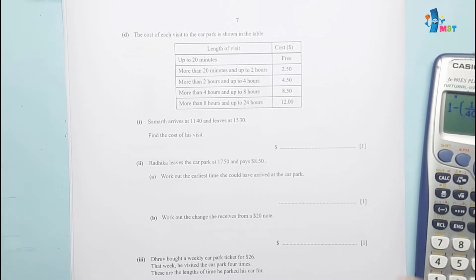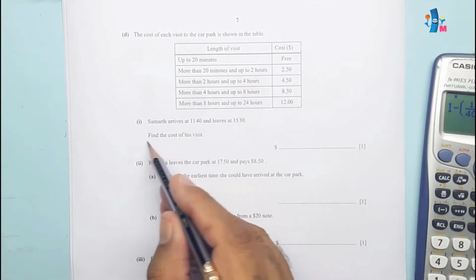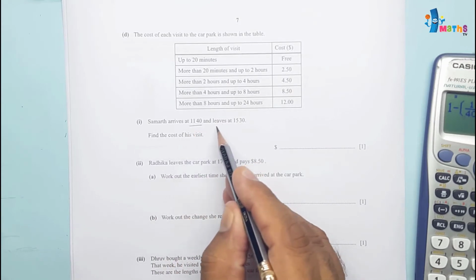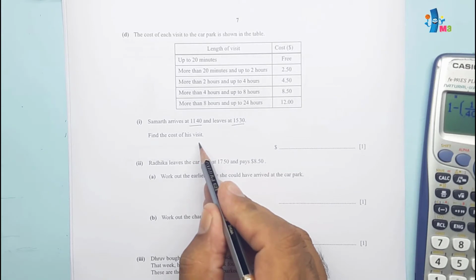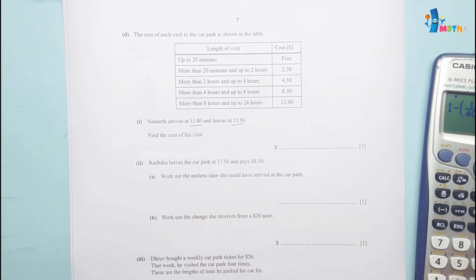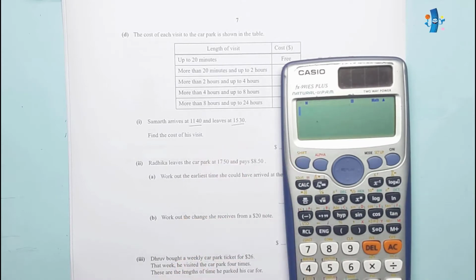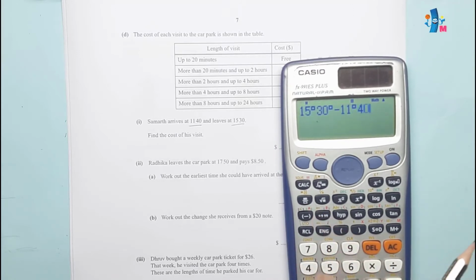The cost of each visit to the car park is shown in the table. Smarth arrives at 11:40 and leaves at 15:30. Find the cost of his visit. So we'll be using a calculator to check the time: 15 hours 30 minutes minus 11 hours 40 minutes.